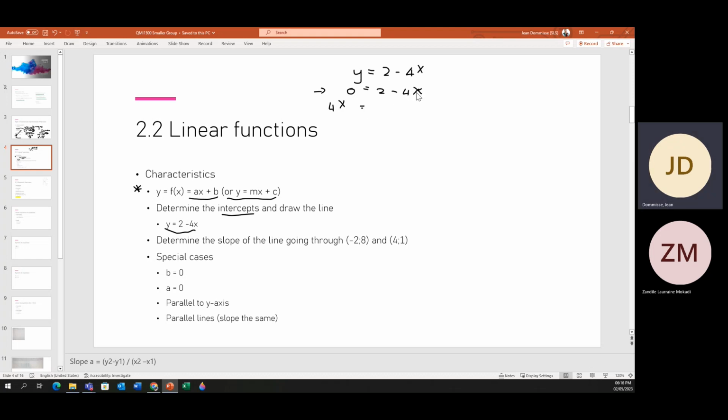So minus 4x plus 4x will be equal to 0. So now I have x is equal to 2 divided by 4, which is 1 over 2, which is a half. So if I had that line where y is equal to 0, my x is a half.